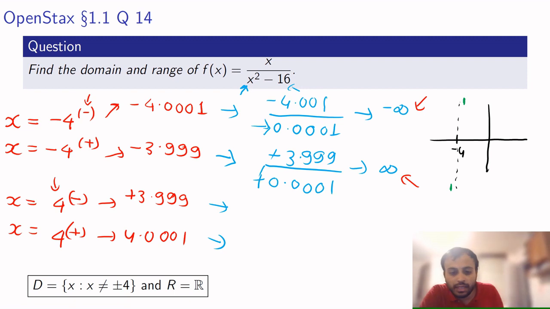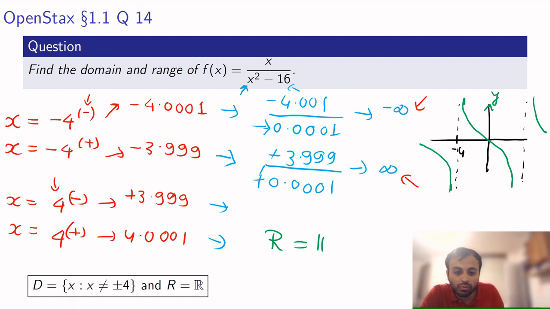Now if you just complete this graph, what you'll basically get is something like this. So now you can see that the range basically goes from minus infinity to plus infinity. Another way of saying this is that the range basically includes all the real values.